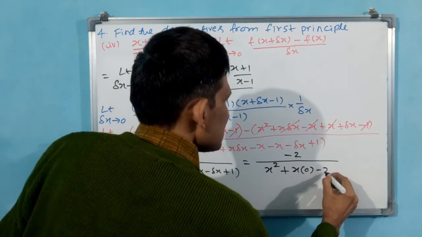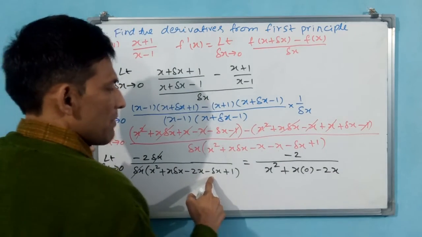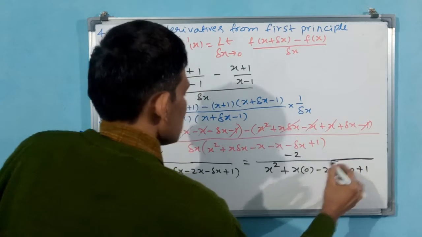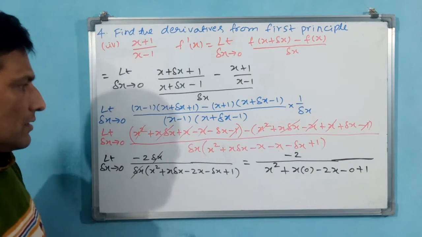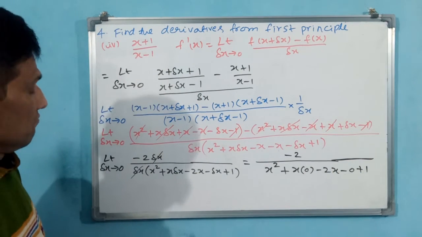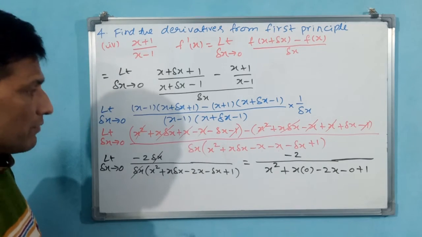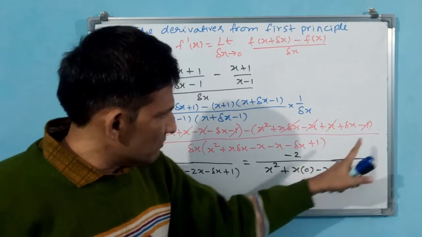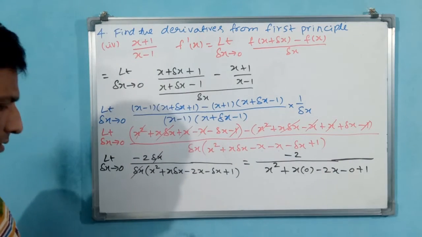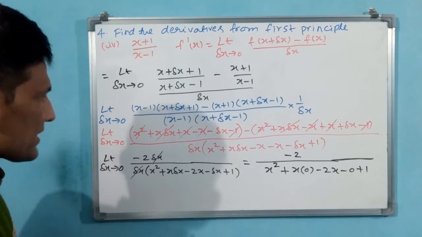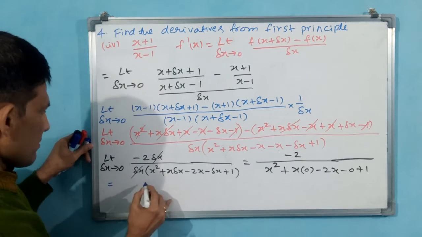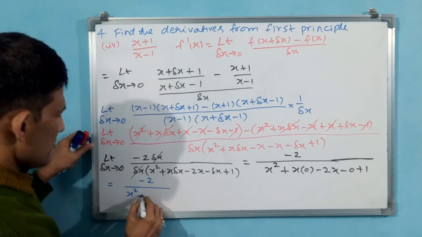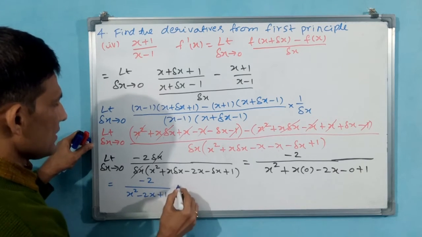Minus 2x minus 0 plus 1. Okay, you see carefully. Why? Because here x square will come, minus 2x will come, plus 1 will come. 3 terms are going to come. Okay, let us write. That is equal to minus 2 by x square minus 2x plus 1.